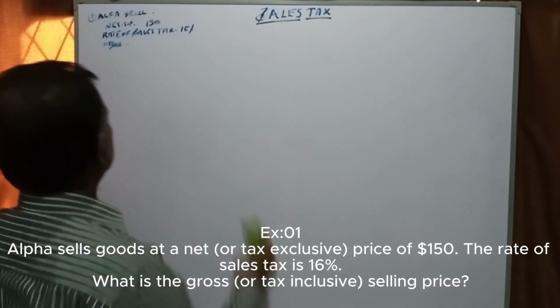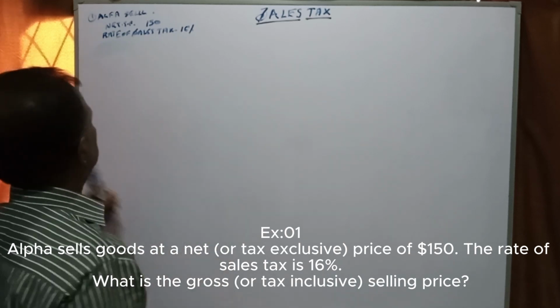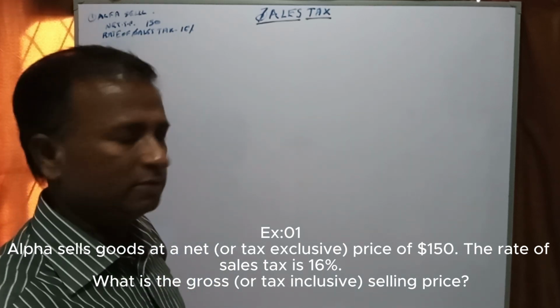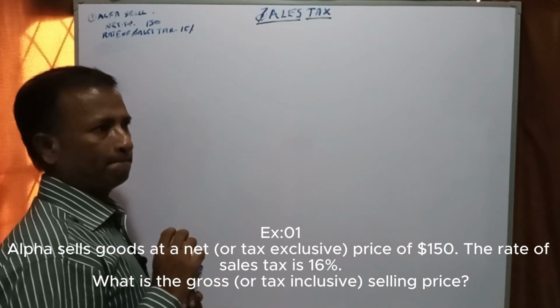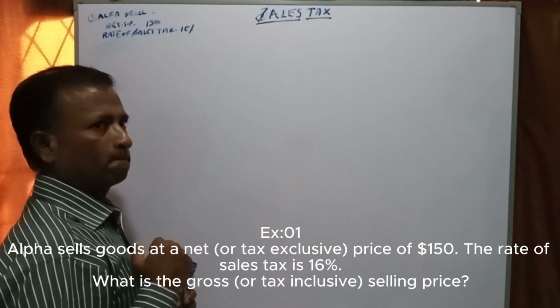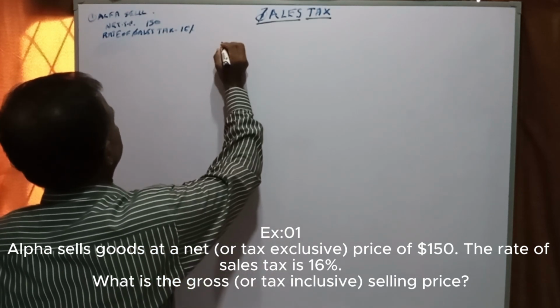What the question says: Alpha sells his goods at a net selling price. Net selling price means we didn't apply the taxes.